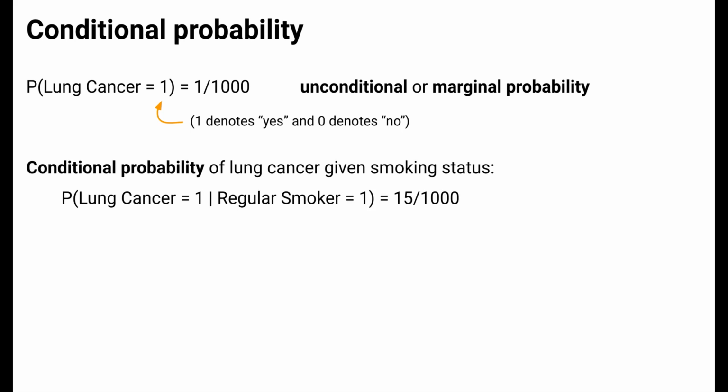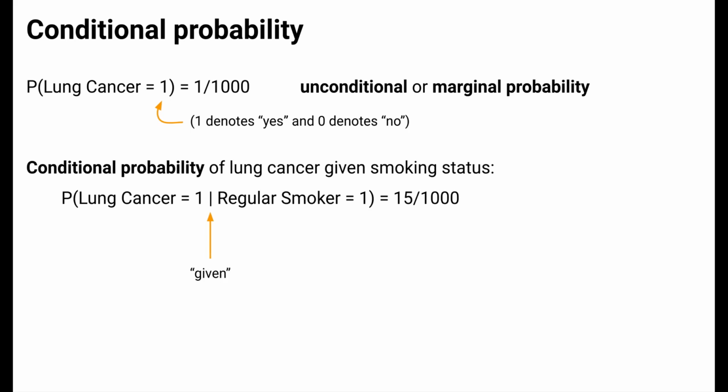We can also describe probabilities of events in the presence of additional information about the occurrence of other events. The probability that an individual has lung cancer, given the additional information that they smoke regularly, is called the conditional probability of lung cancer given smoking status. And this conditional probability is 15 in 1,000, much higher than the marginal probability of 1 in 1,000.